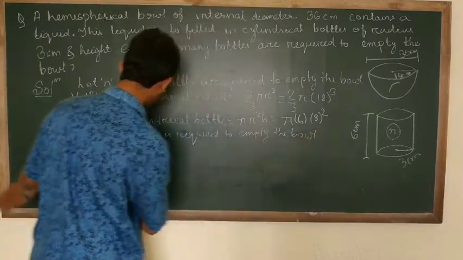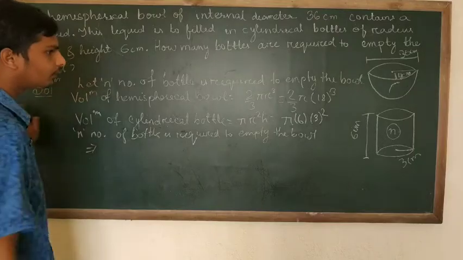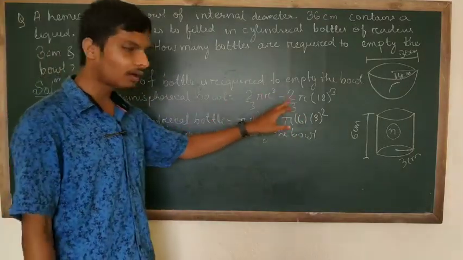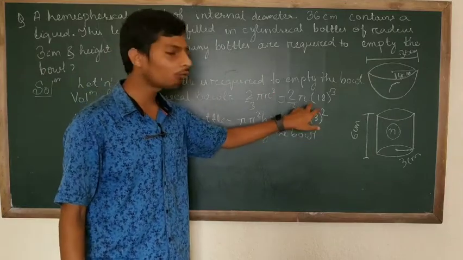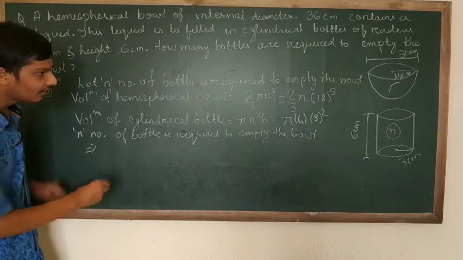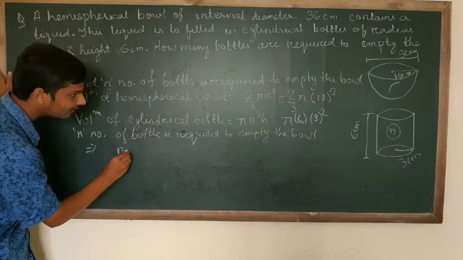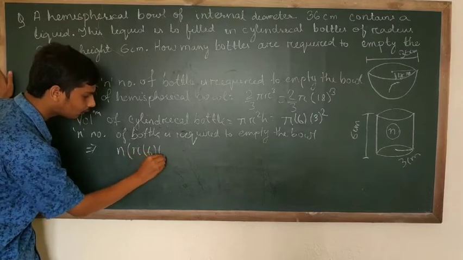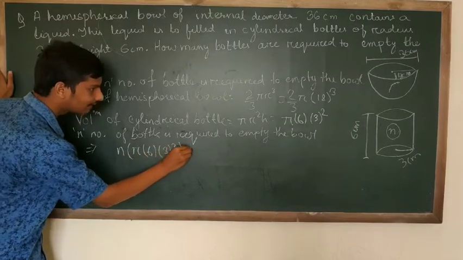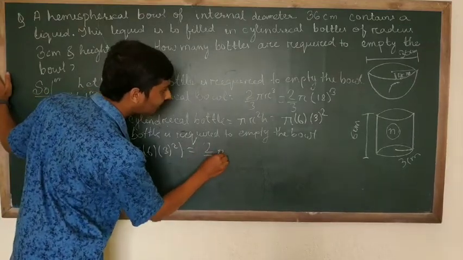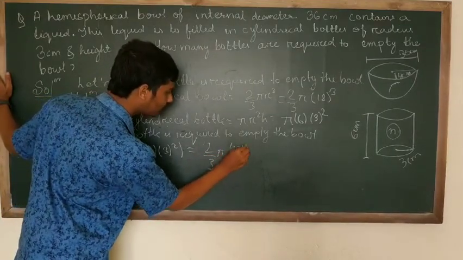Which implies that the volume of the cylindrical one into n is equal to this volume. That means we have to write n into pi 6 into 3 square is equal to 2 by 3 pi 18 cube.